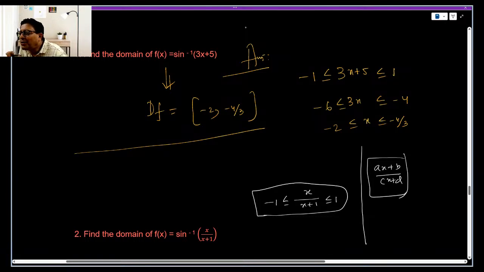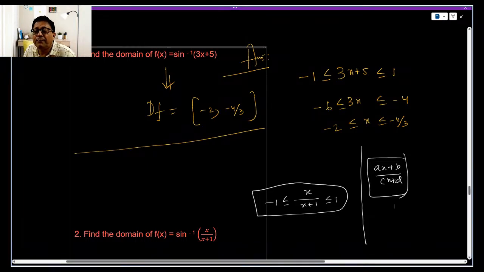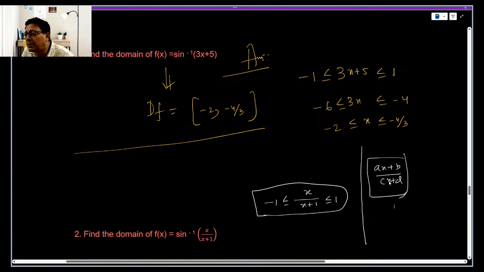This thing greater than 0 means both are positive or both are negative. Am I correct? So you will find this greater than 0 and this greater than 0, or this less than 0 and this less than 0. Their intersection will be the domain of the function. But here, the problem is x by x plus 1 greater than or equal to minus 1 and less than or equal to 1. How to get it?